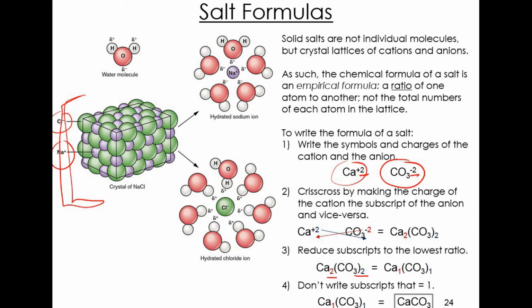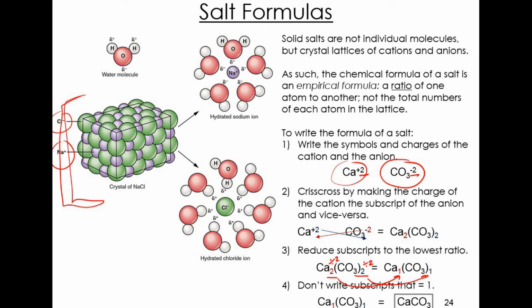In this case, you can divide both subscripts by the number 2. So dividing this by 2, dividing this by 2, and you get subscripts of 1 for each of the ions in the salt. In the final formula, note that you only include numbers that are greater than 1 in that formula.